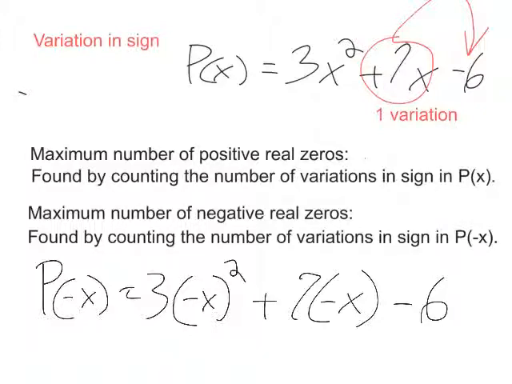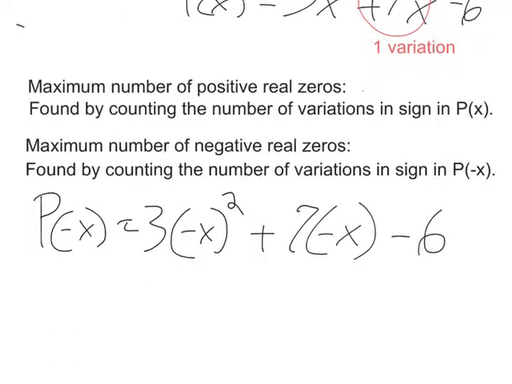So if it's got an even exponent, then you won't change the sign of the term. But if it has an odd exponent like this first degree term here, we will see a sign change for those. So you change the sign on the odd powered terms, but not the even powered terms when you swap to this P of negative x.